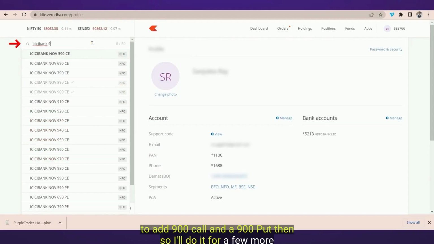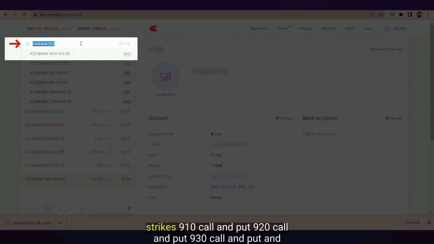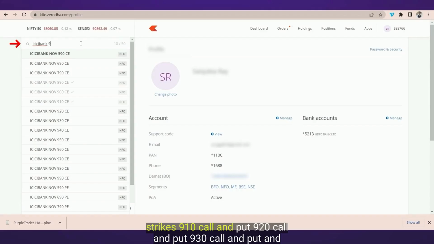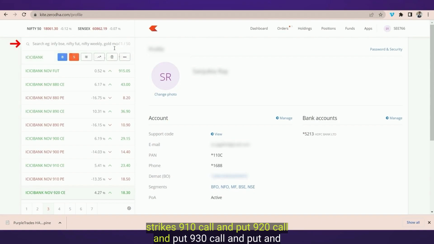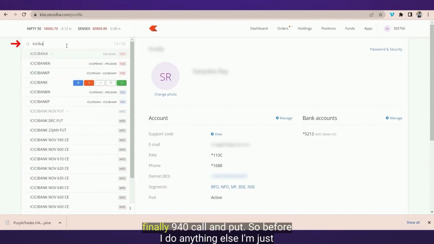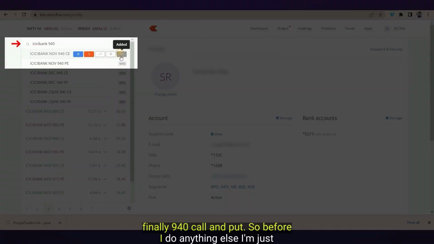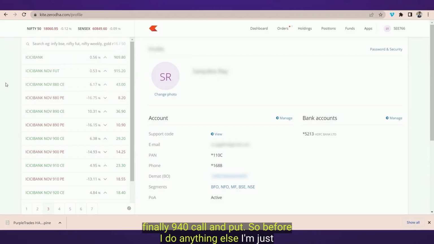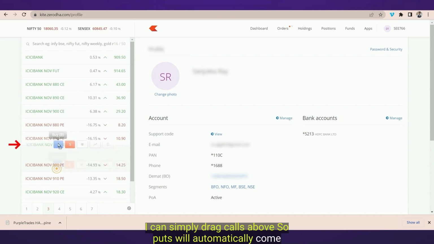Then I'll do it for a few more strikes: 910 call and put, 920 call and put, 930 call and put, and finally 940 call and put. Before I do anything else, I'm just going to arrange call on one side and put on the other side. I can simply drag calls above, so puts will automatically come down.